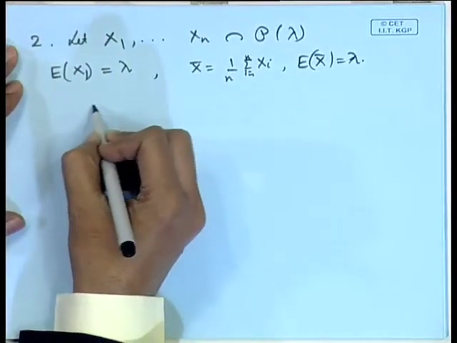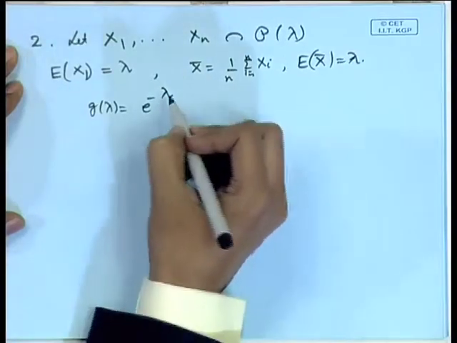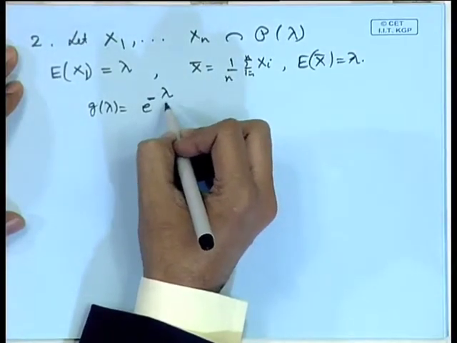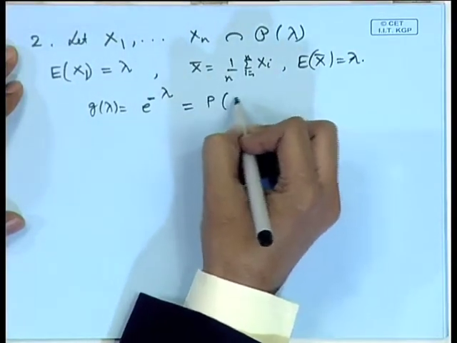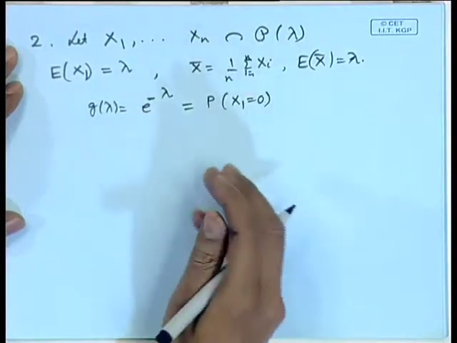We may be interested to estimate say g lambda, that is equal to e to the power minus lambda. What is this term? It is actually the probability of observation being equal to 0. In Poisson case, this is important. For example, if we are looking at say arrival at certain service point of customers, then it is important to know the time or proportion of the time for which there will be no customer.